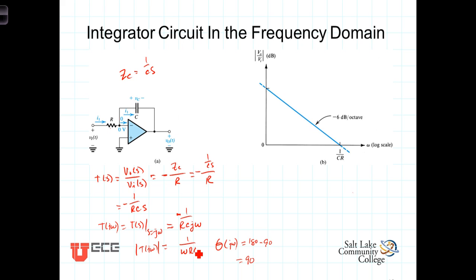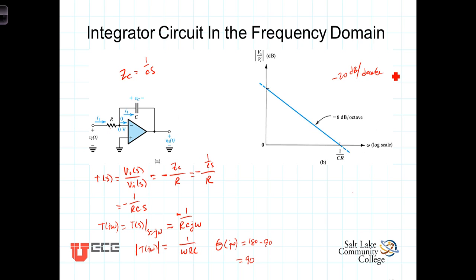with a slope of either minus 20 dB per decade, where a decade corresponds to multiplying the frequency by 10, or a 10-fold increase in frequency.